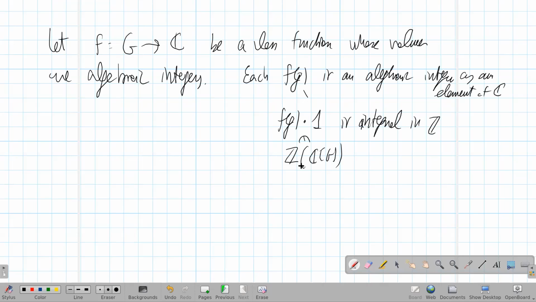No, not Z, sorry, this is the center. I hope I haven't made this misprint before. Okay, so this is integral.